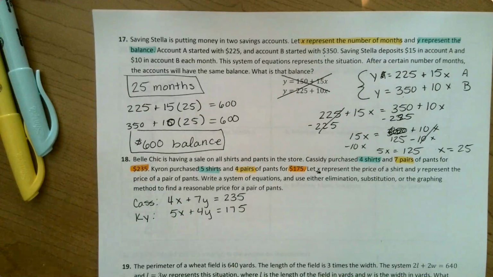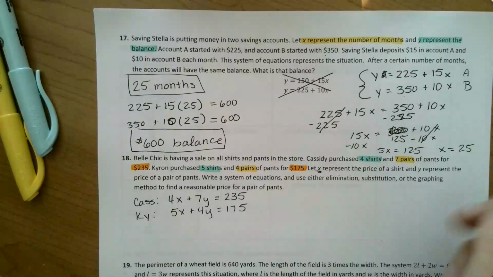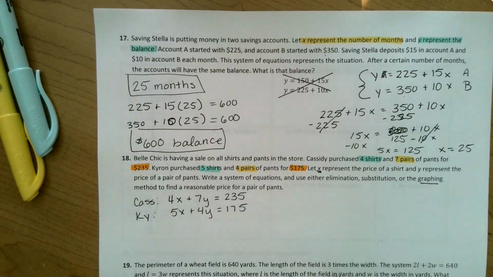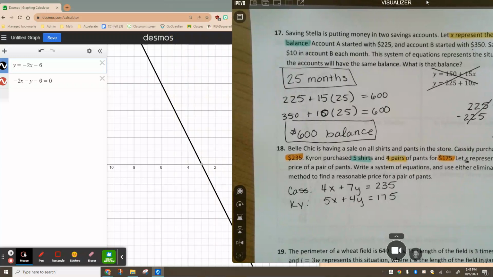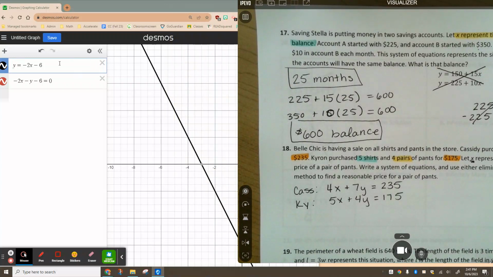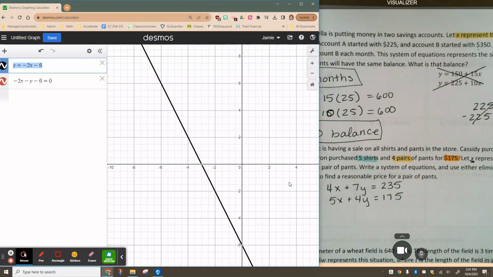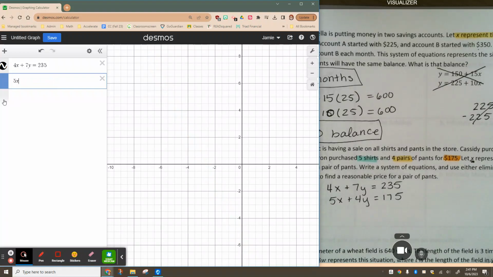So we can use substitution, elimination, or graphing. Again, this is one of those, I don't mind which method you use. I'm going to use Desmos to be quick about it because, again, this is all just practice of the same thing. So 4x plus 7y equals 235. And then 5x plus 4y equals 175.